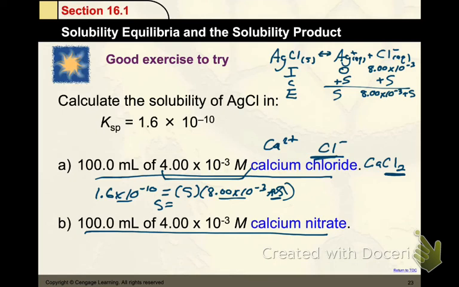And I end up with an S that is 2.0 times 10 to the minus 8 molar.